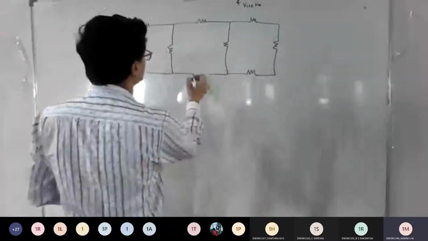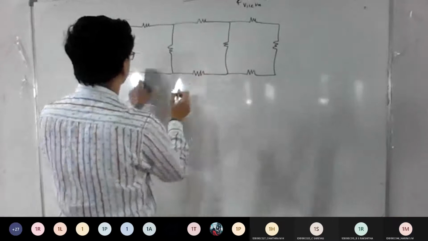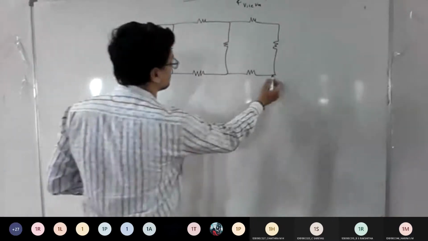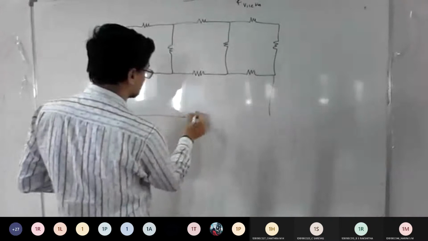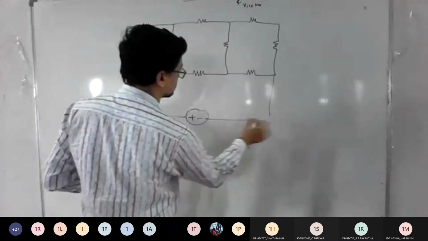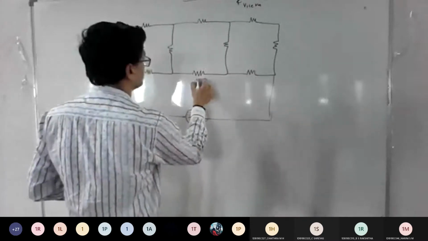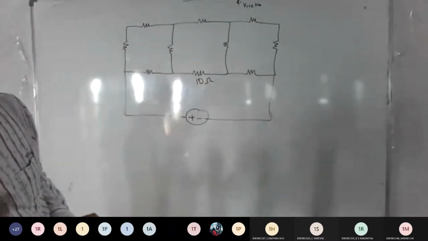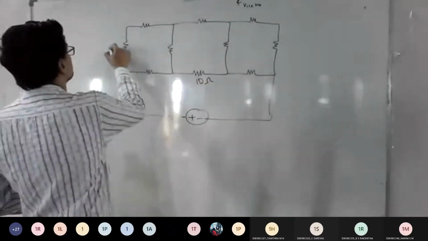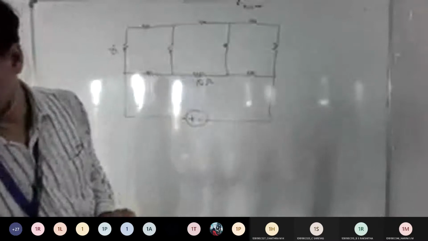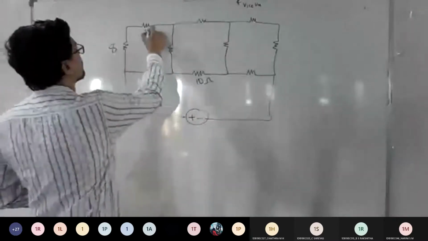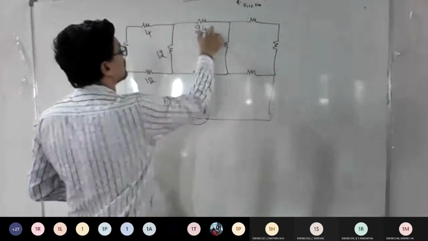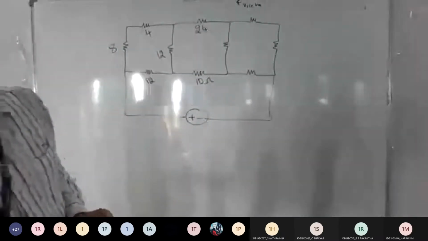Is it visible here? Everyone, is it visible? So this is your 10 ohm, which is given for you to find the current. 8, 4, 12, 12, 24.